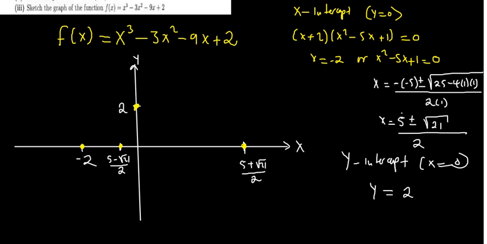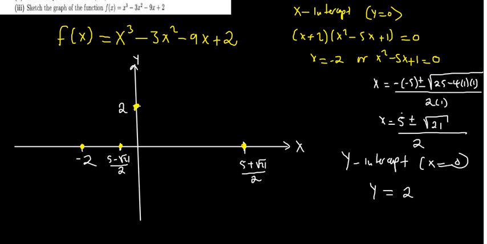Now you can use just one value to see the behavior of the function. Let's say when x is smaller than negative 2, maybe that is a bit hard. Let me say when x is between 0 and 5 over 2, I can get a very simple number because I don't have a calculator.